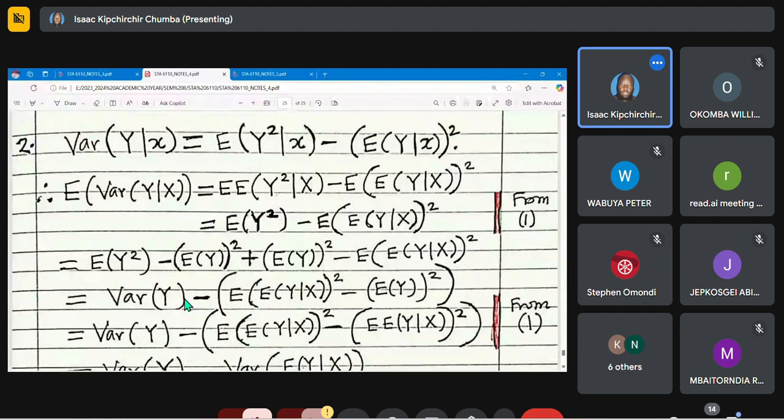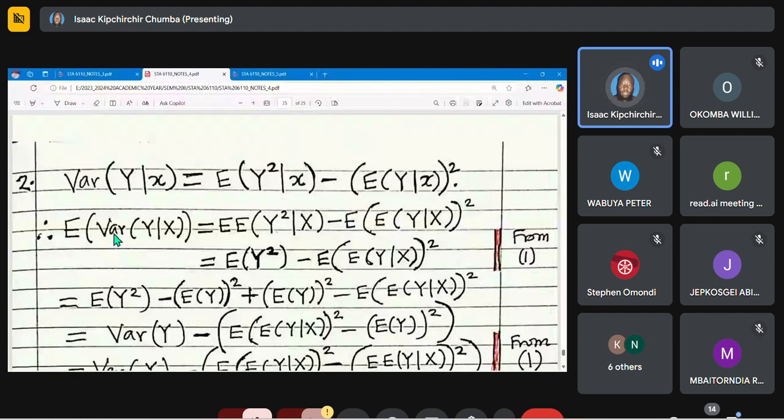So expectation of Var of Y given X, now we come and act on it. So this E is just acting here, where each one has been made capital. So this expectation now acts on it.